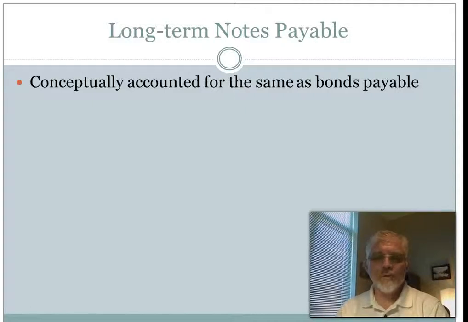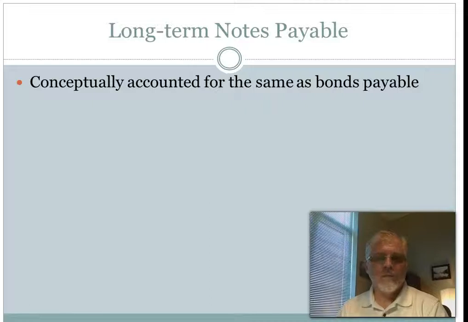So there are going to be some differences between notes payable and bonds payable, and that is one of the significant differences. The other significant difference is that bonds payable are typically issued in $1,000 or occasionally $10,000 certificates. Notes payable are typically just issued in total. It's one lender working with one borrower.